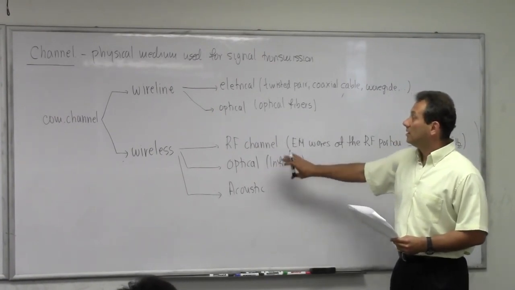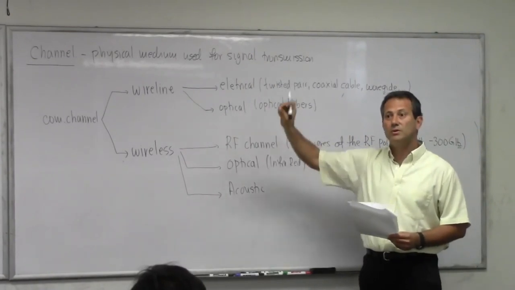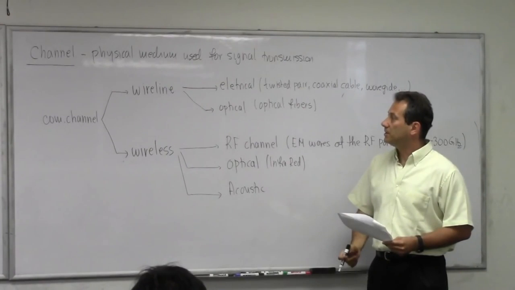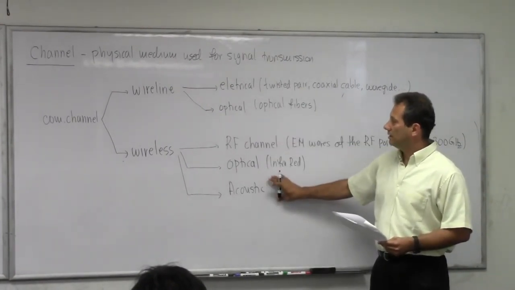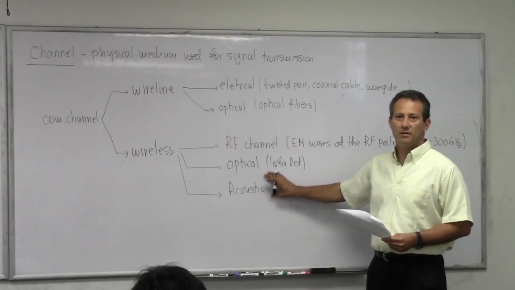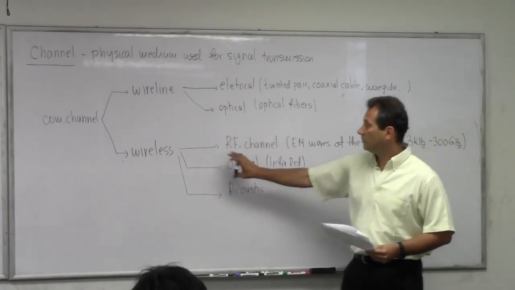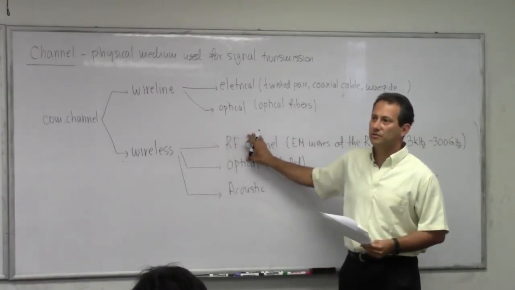So these are all different channels, and this is just a high-level division between them. You can look at each one of them individually and find a whole bunch of examples. They're all going to have different physical properties. On the outset, it seems pretty daunting just to deal with the wireless channel. Indeed, we have courses, for example wireless propagation, that deal only with the wireless communication channel because of its complexity.